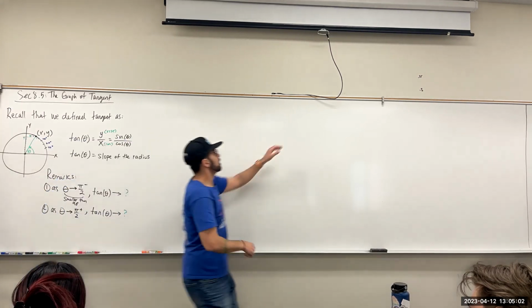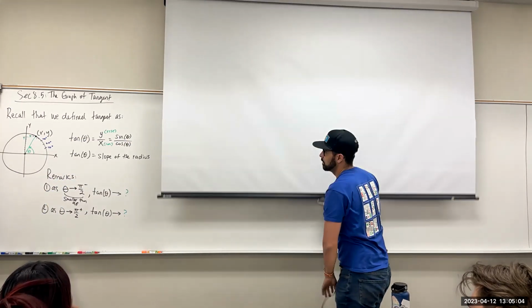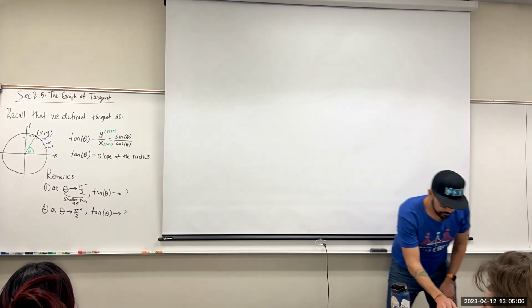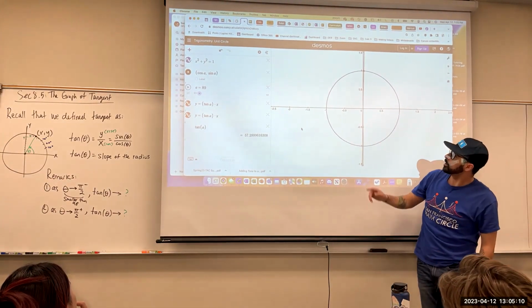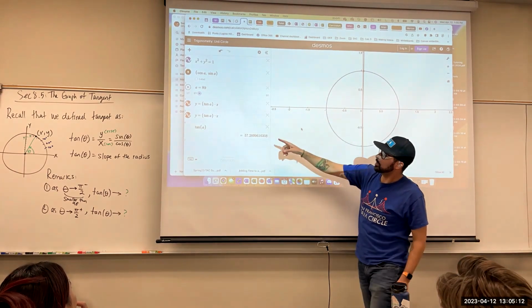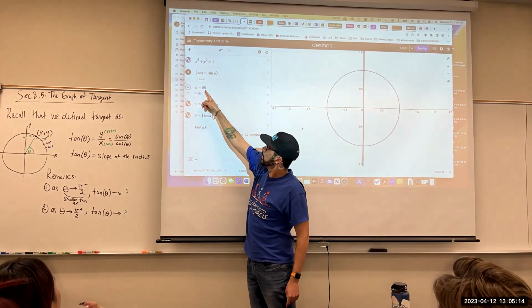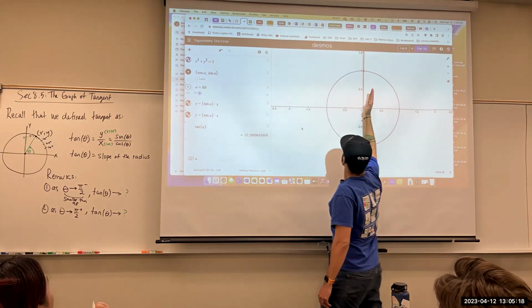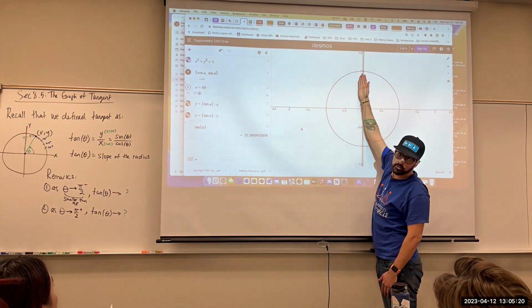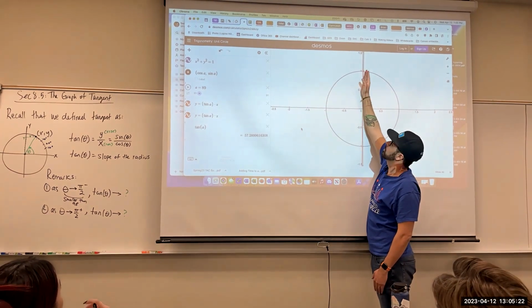Let's take a look. Okay, so here's the unit circle. Here is tangent of 89 degrees. 89 degrees is really, really close to 90, right? And it's coming from this side.